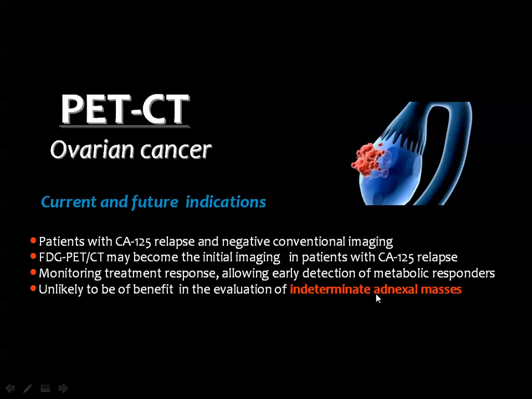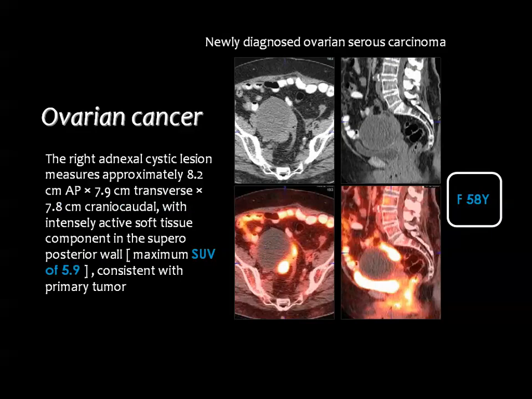Monitoring the therapeutic response is one of the values of PET-CT, but be careful that PET-CT is unlikely to be of benefit in the evaluation of indeterminate adnexal masses. If you don't know what this tumor, this ovarian mass, is, PET-CT will not be of help.